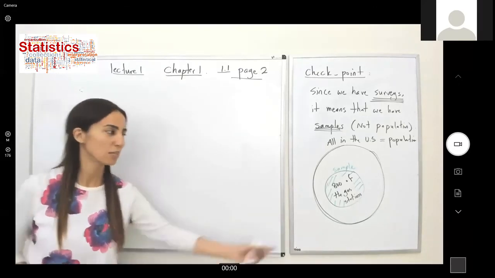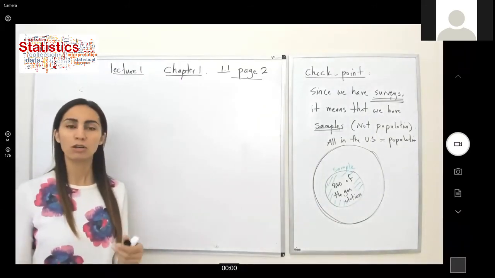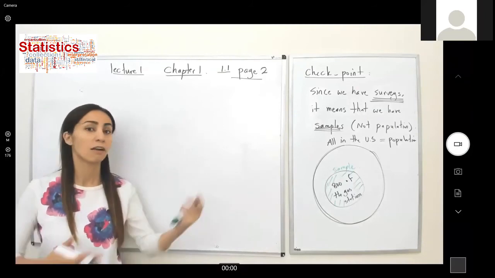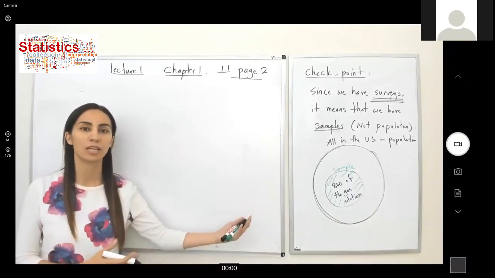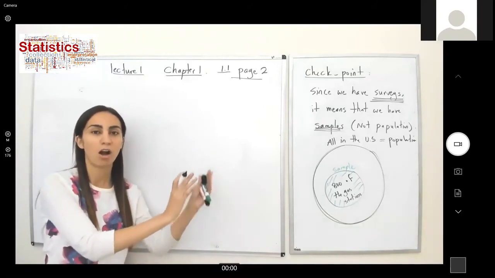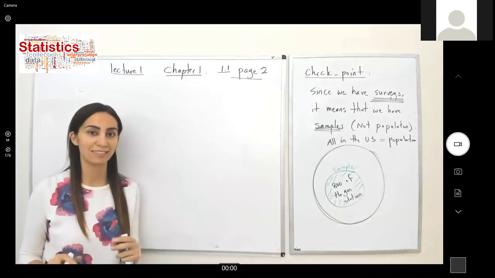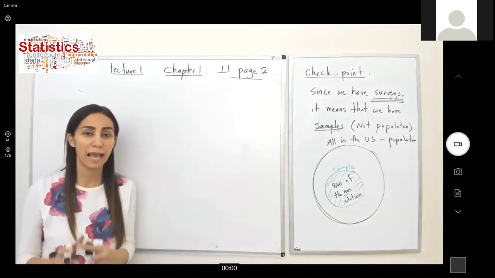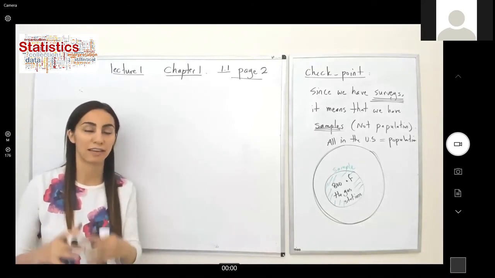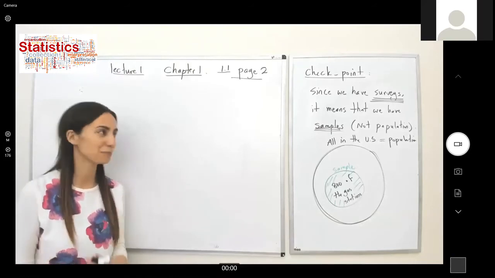A sample is a small proportion of the population. So statisticians, when they're talking about a population, refer to a numerical characteristic of a population as a parameter. And when they're talking about samples, they refer to numerical characteristics as a statistic.